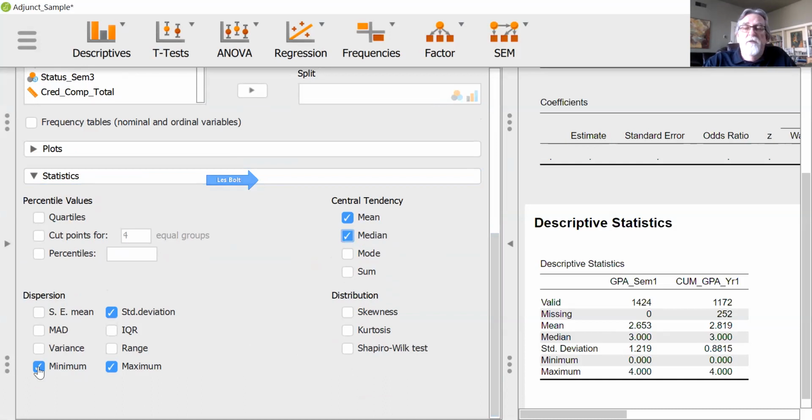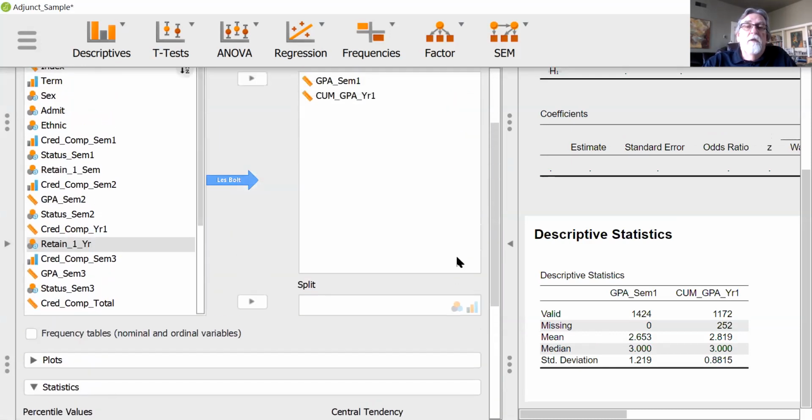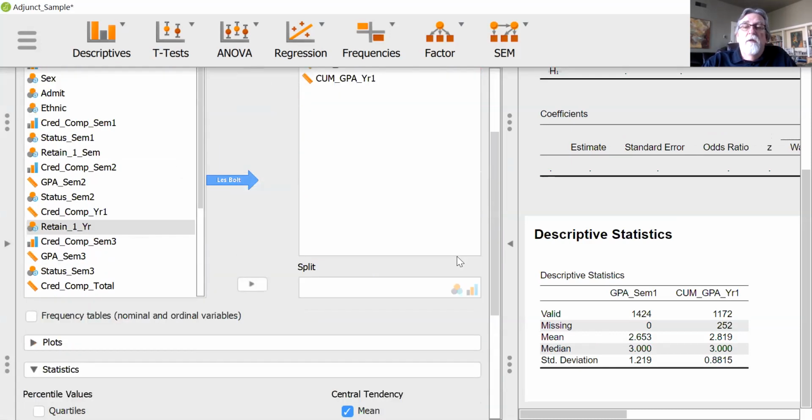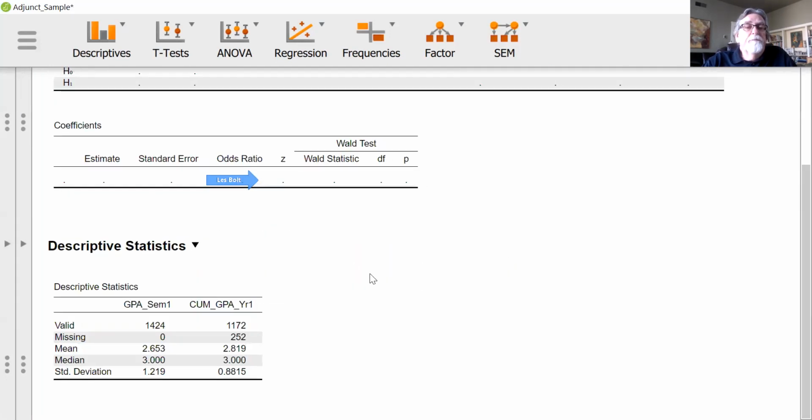Those are easy, and it's a little confusing. Minimums and maximums are generally just the lowest value and the highest value in the data set. I think that's all we need there. Then we'll go over and look at the output.